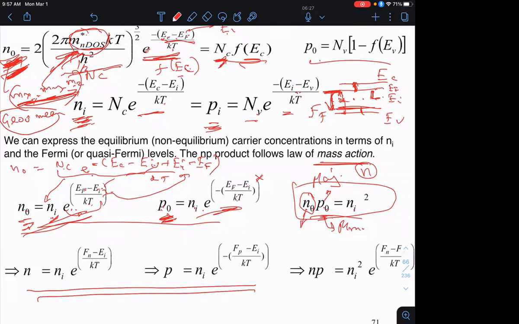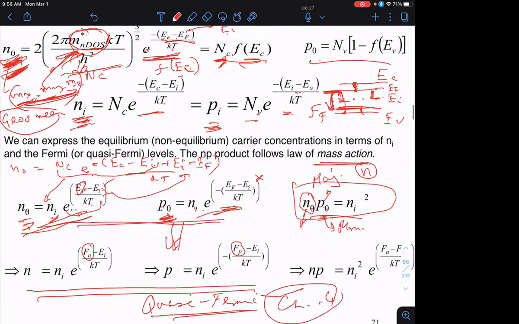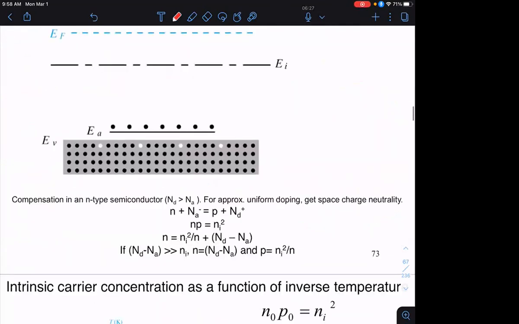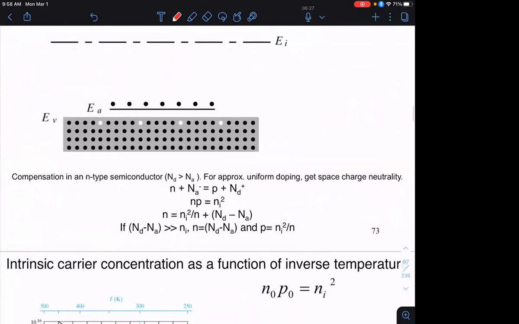And there we'll see that this Fermi level EF gets modified by a new term, which is called the quasi-Fermi level, or IMREF. And we'll modify these equilibrium expressions to non-equilibrium expressions in chapter 4. Okay, this is just a teaser. So when I talk about these in chapter 4, I'll refer back to this.